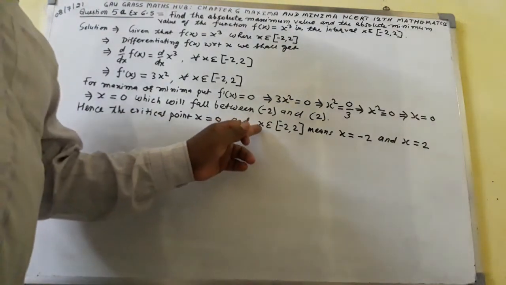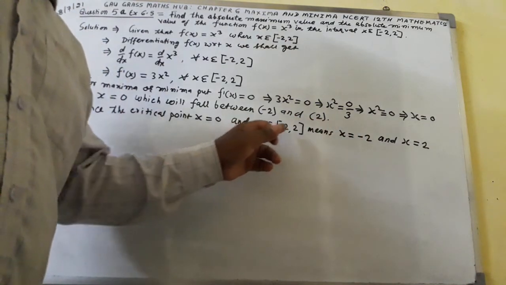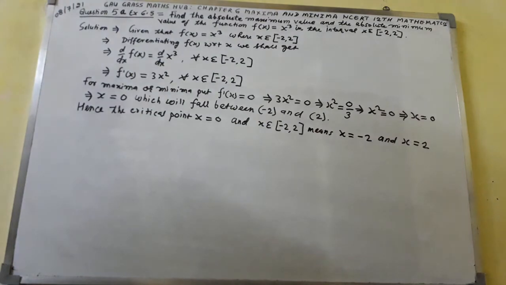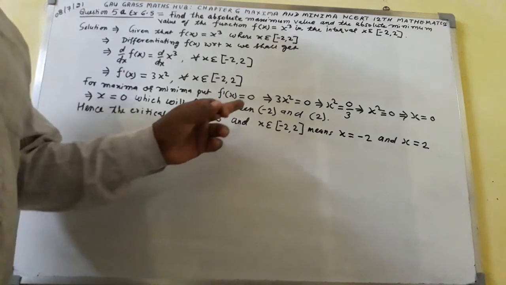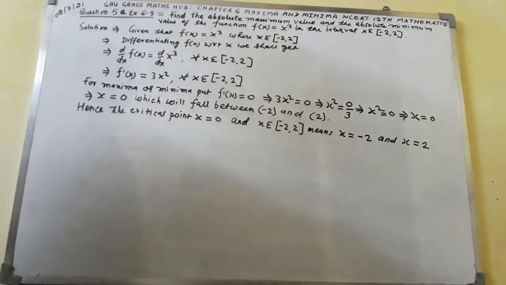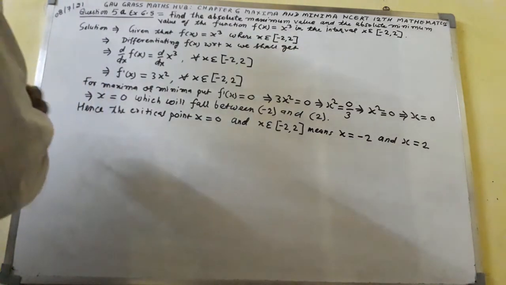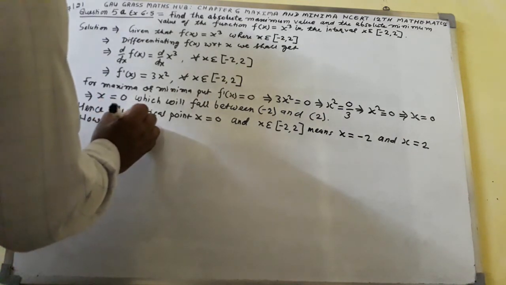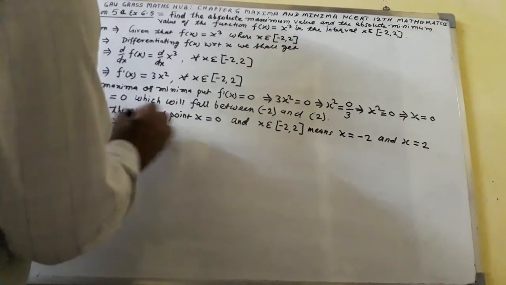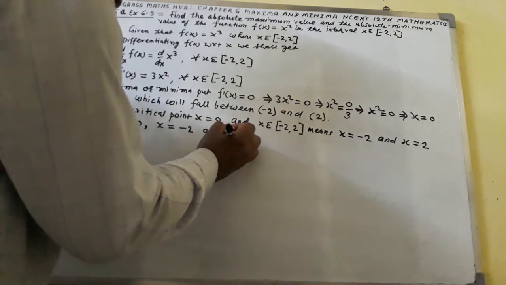This means that the value of x will be minus 2 and the value of x will be 2. Moreover, x is equal to 0 will lie between minus 2 and 2. Now x is equal to 0, x is equal to minus 2 and x is equal to 2. This thing we have got.